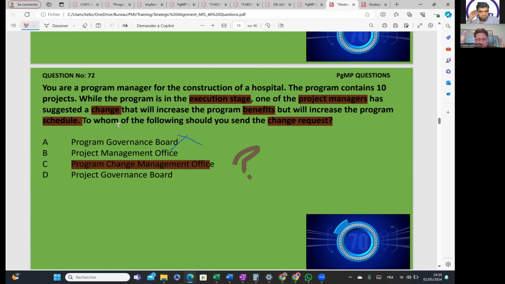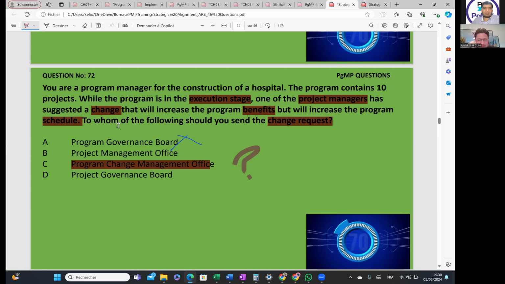So we are in execution. Project managers suggest a change that will increase the program benefits, but will also increase the schedule. Which of the following should you send the change request to? Since I didn't know the others, I put the change management office, but maybe it doesn't exist.